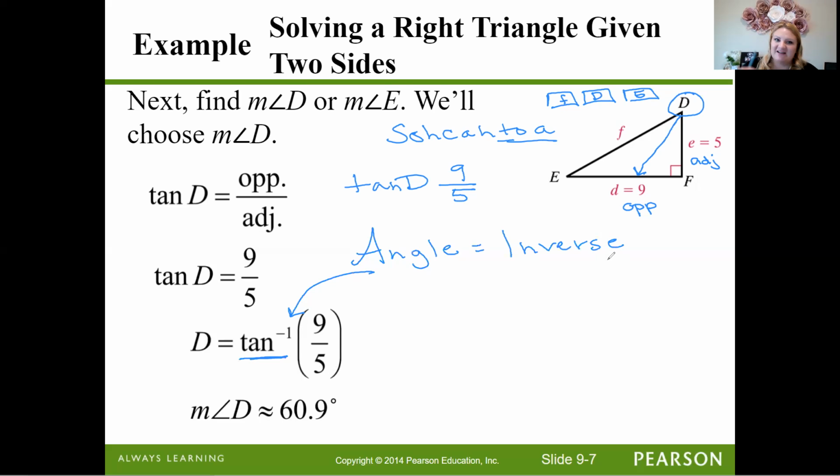Just keep that in your heads and remember that. So angle equals inverse. That's a helpful hint and tip to help you remember that. And our angle is going to be 60.9 degrees. And that's just a helpful way for you guys to memorize that.